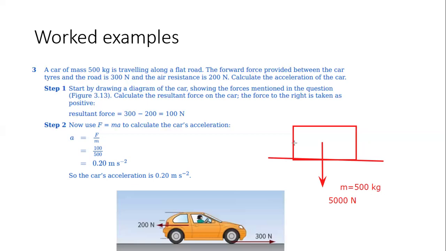Then I have to take the force. Here it is 200, here it is 300. What is the resultant value? The resultant is going to be to the right hand side. It is 300 minus 200. The resultant force is going to be 100 newtons. If I write down the resultant force like 100 newtons, then I don't need these other forces, because instead of those two, I can write down this one.